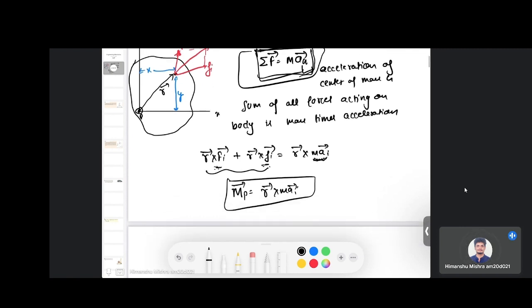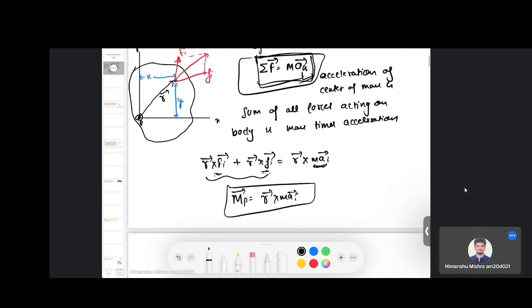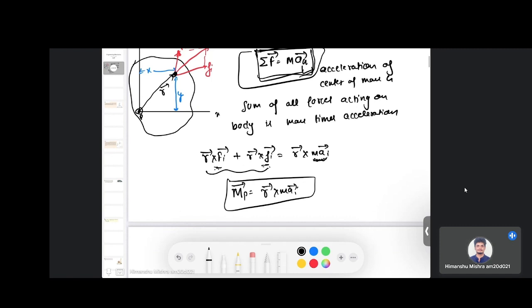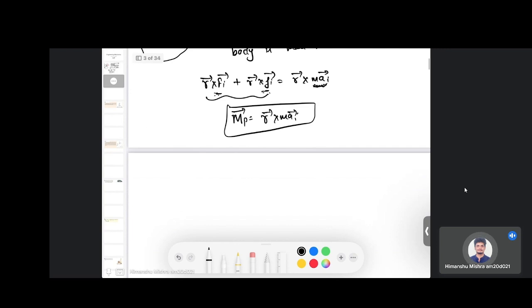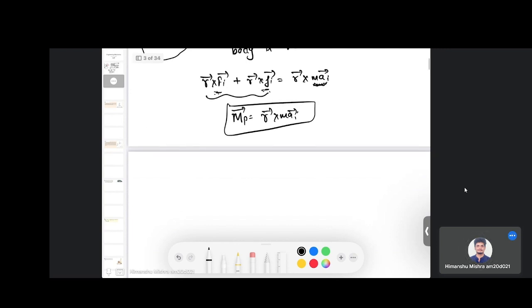Now let's say this point here is moving in a curvilinear direction. In the previous tutorial we saw that if a body is moving in a curvilinear direction, then you will have two components of acceleration, in the tangential direction and in the normal direction, right?